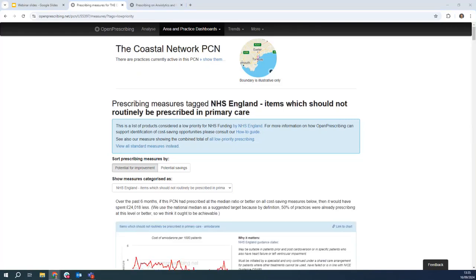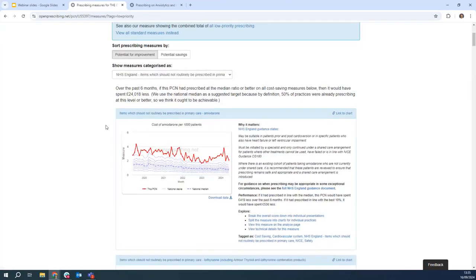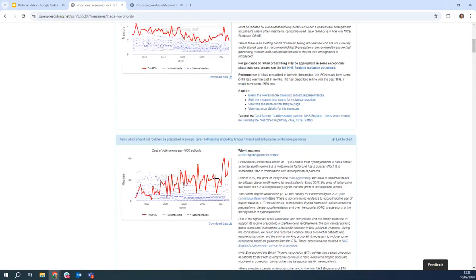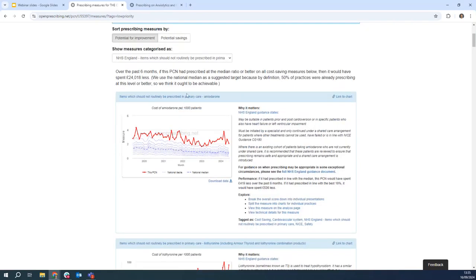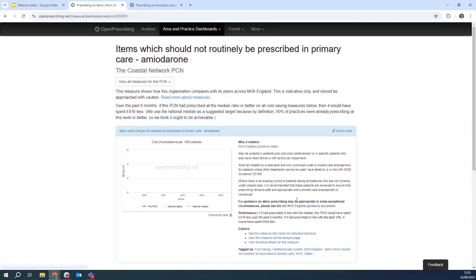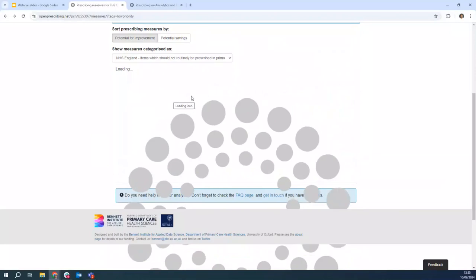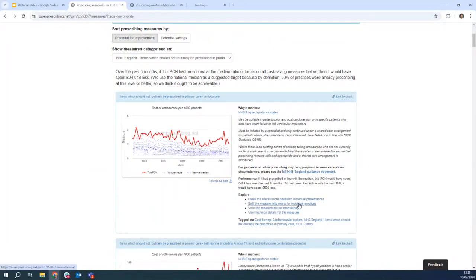I'm not going to go into great detail here because you'll basically find it's similar to what we did before. So amiodarone, ordered from highest to lowest across 6 months, you'll see amiodarone is top here. So there's quite a lot of amiodarone prescribing going on in this PCN compared to nationally. Again, you can click through, but the presentation's not going to be exciting because it's all going to be amiodarone. You can have a look at individual practices.